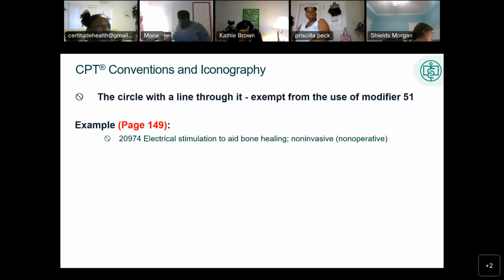Let's skip that. The circle with the line, huh? I was looking at the PLA part going, what does that mean? What is that supposed to be? Oh, that's for pathology, laboratory medicine.